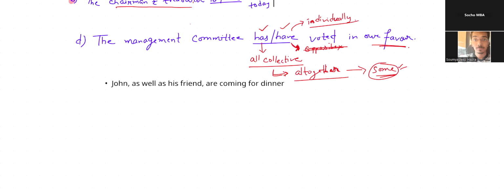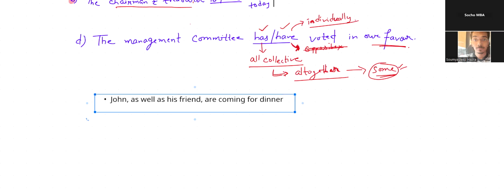Right? This is the first sentence. Yes, this is the first sentence. Okay, this is the second sentence. Which one is correct?